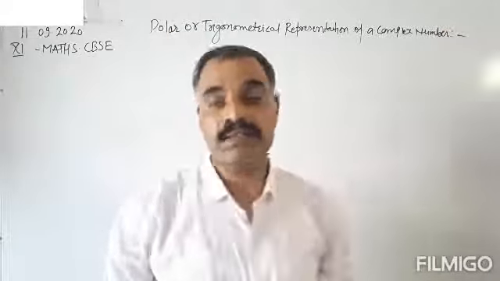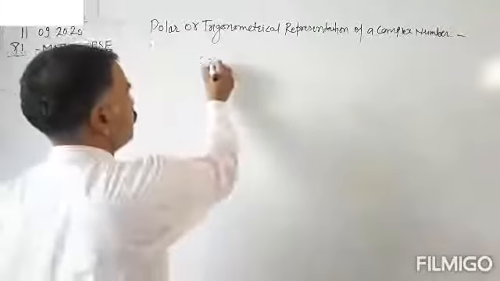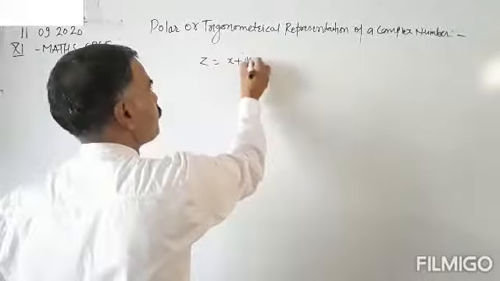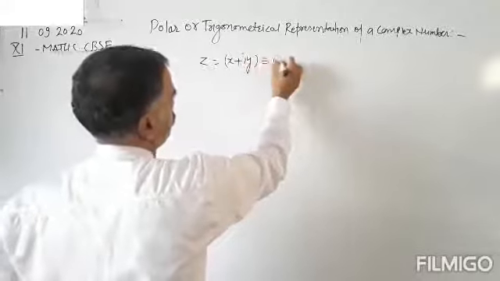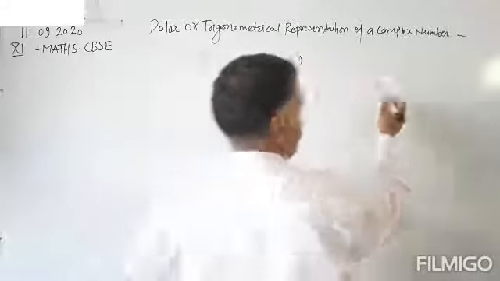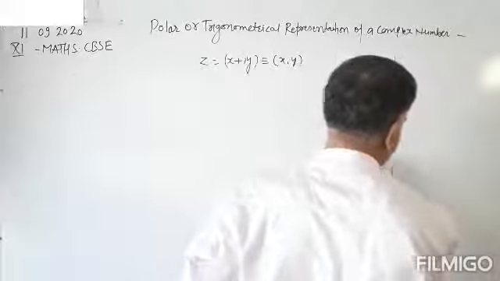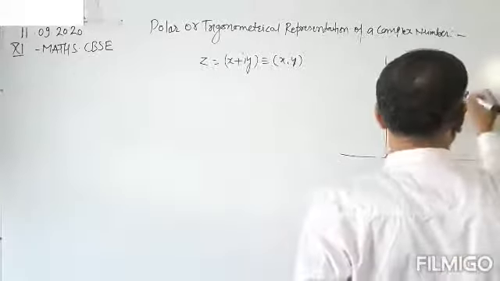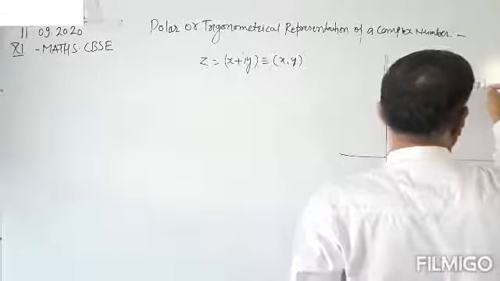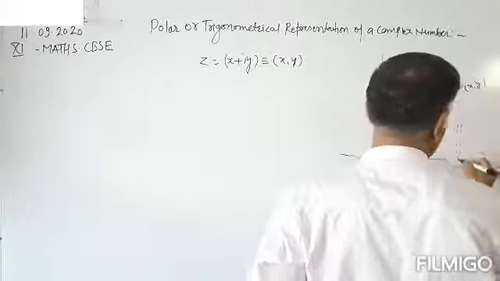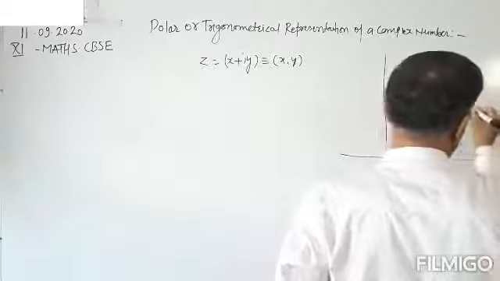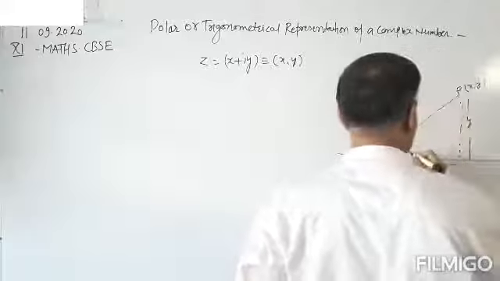So complex number z is equal to x plus iota y, and geometrically we have already represented this by the line OP with point P(x, y). So this is x and this is y, and this angle is theta.